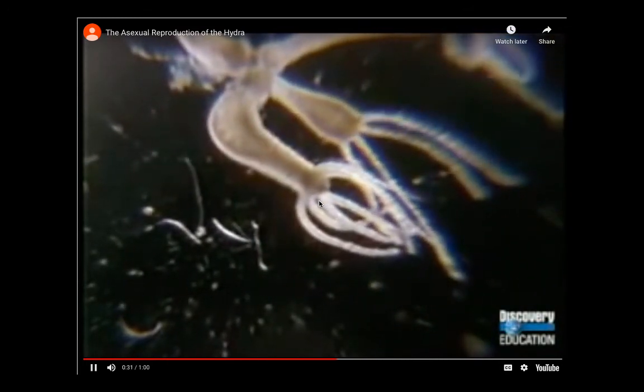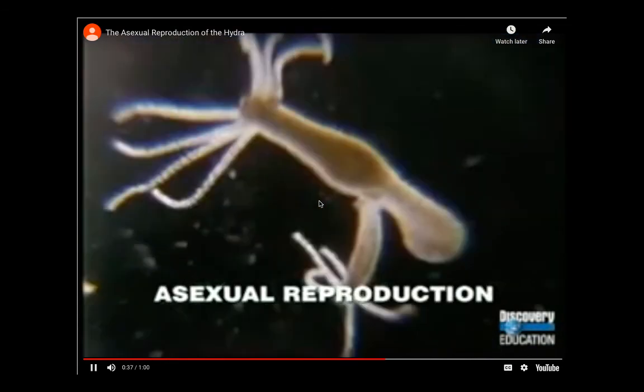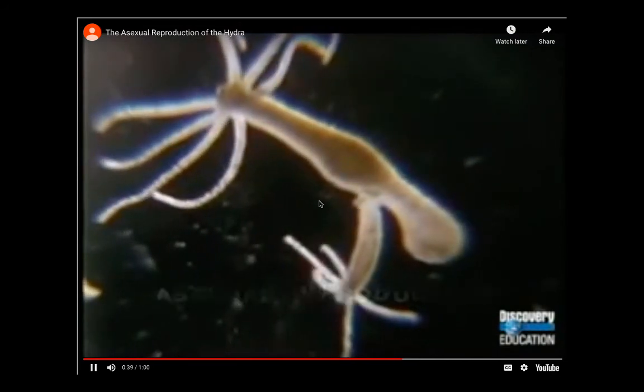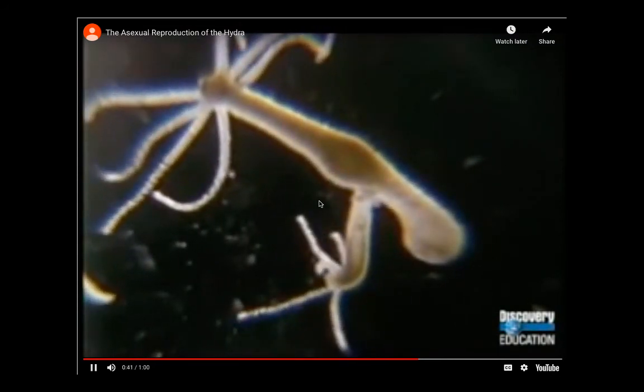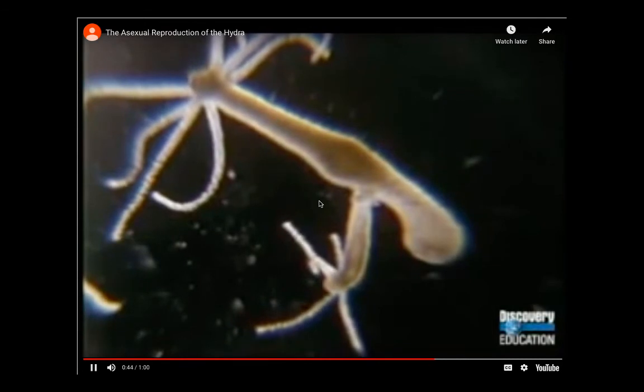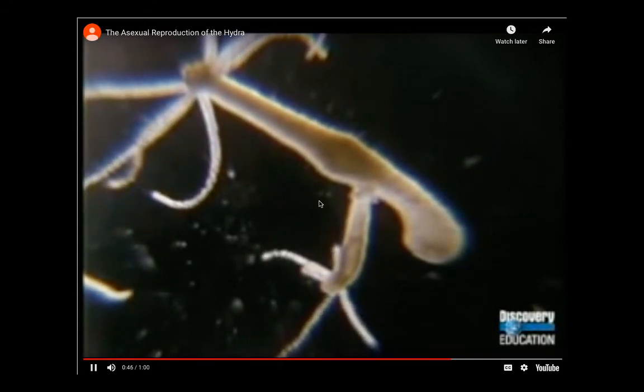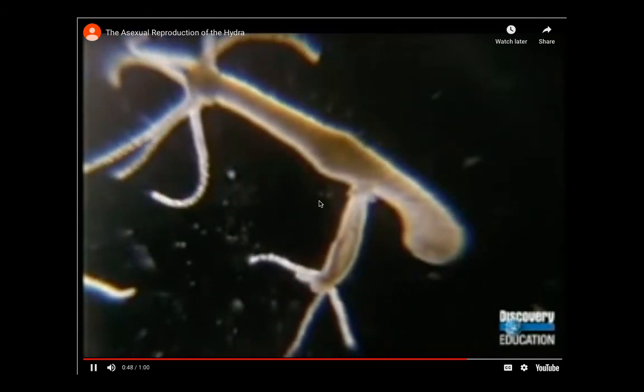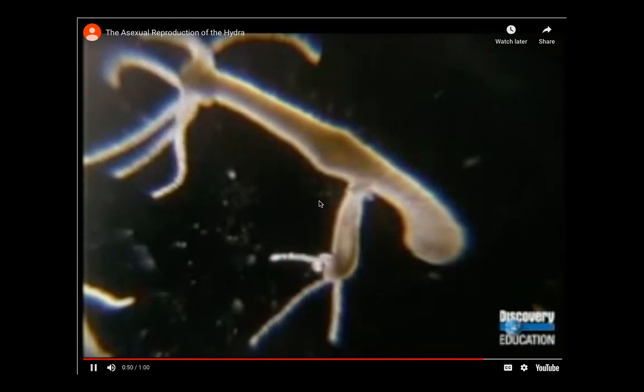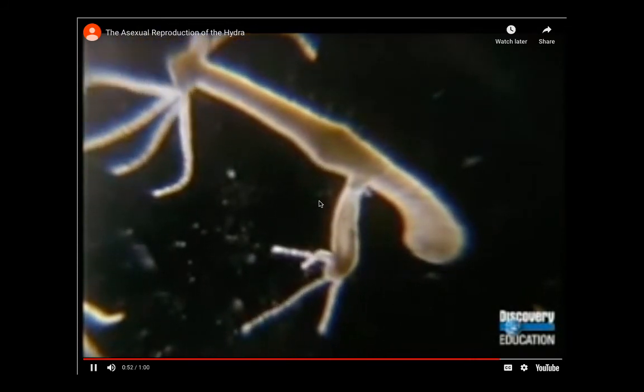It can reproduce by itself. When a single animal reproduces by itself, it is called asexual reproduction. Asexual means without sex. The hydra reproduces by growing a young hydra from its side. The new hydra will separate from its parent and continue to live on its own. It will be an almost exact copy of its parent.